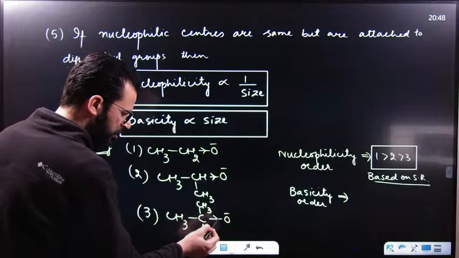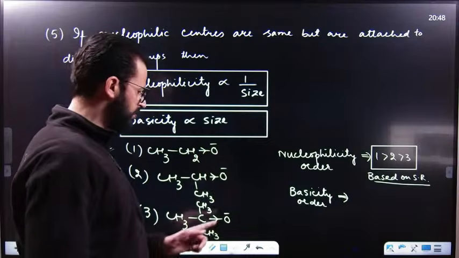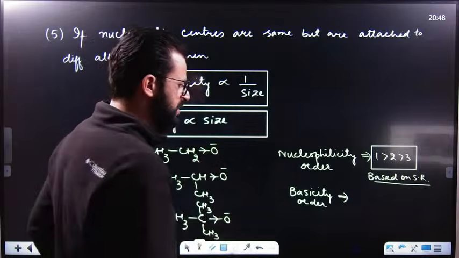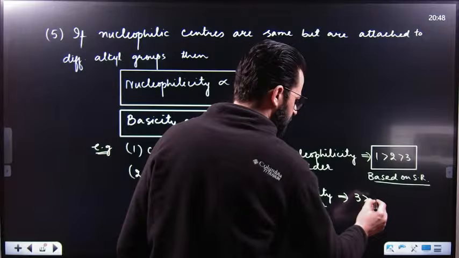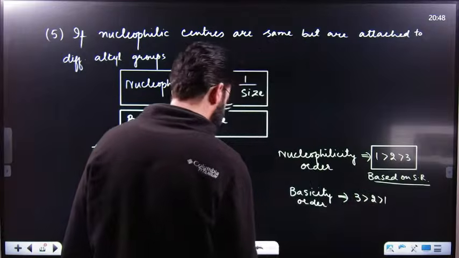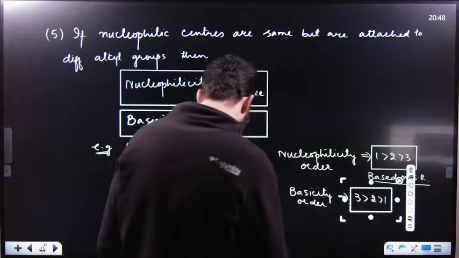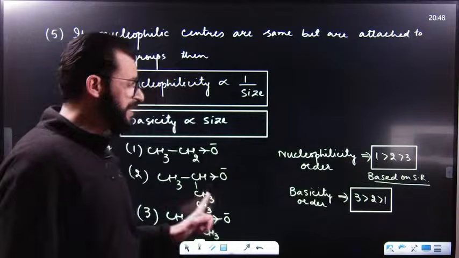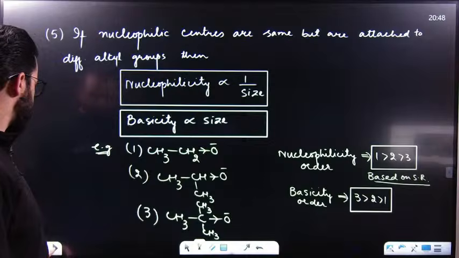Similarly, this has an even stronger plus I effect. It will increase electron density of the oxygen more. The more the electron density of the oxygen, the more will be the donation of its electrons. Hence, answer will be 3, 2 and 1. I hope this is clear. So nucleophilicity is based on steric repulsion, but basicity is not dependent on steric repulsion.